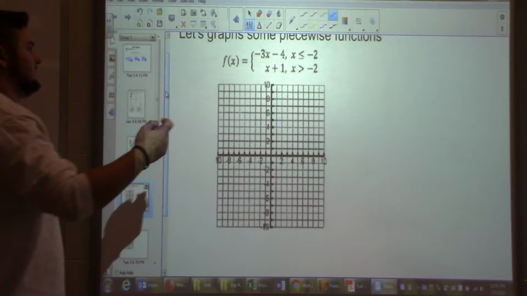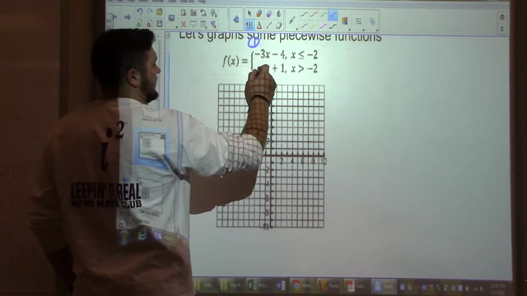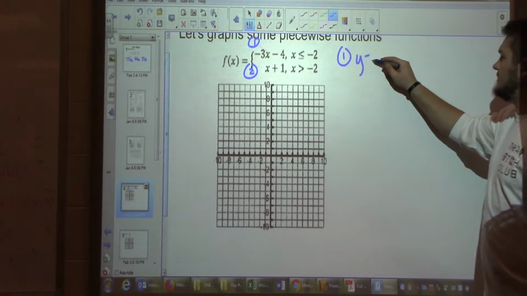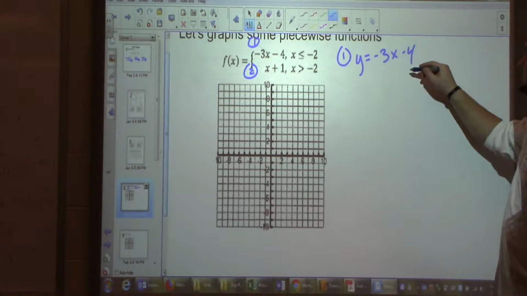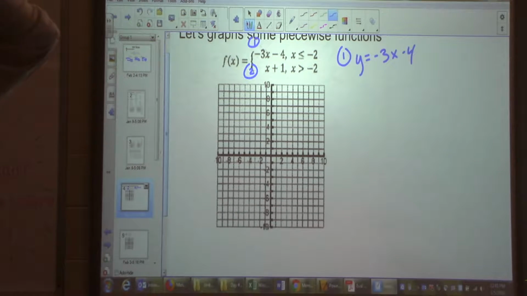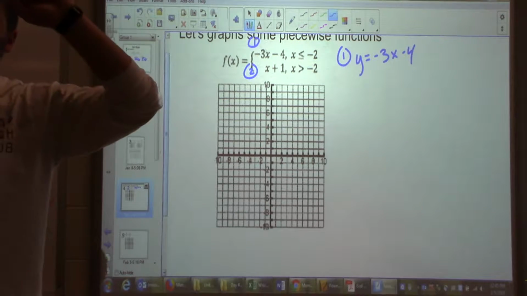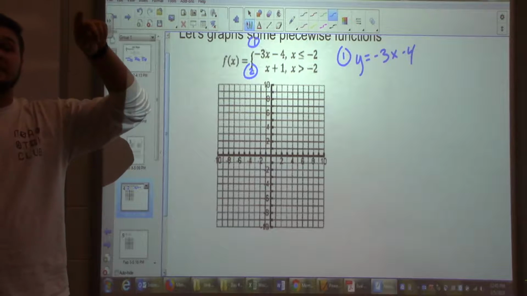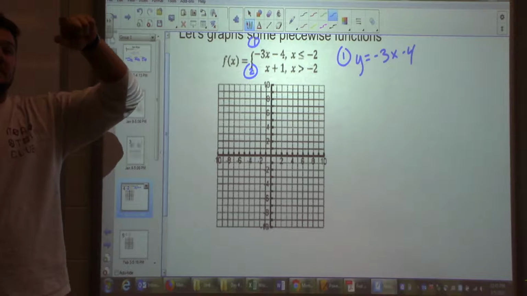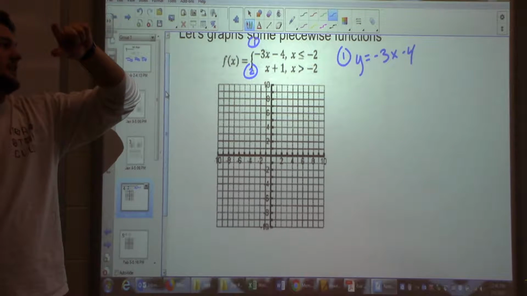Like I said, split it up. Do one at a time. We do the first one. We get y equals negative 3x minus 4. What's the first step we're taking when we're graphing piecewise functions? Finding the... Someone said it. The x at the endpoint, right?